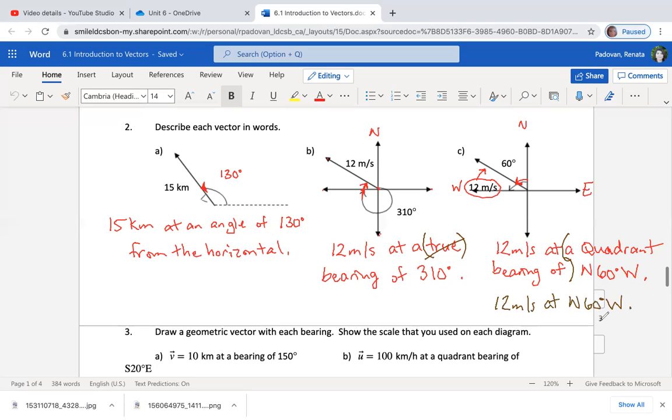And that would be enough for you to know that it was quadrant bearing because you've got the 2 compass directions there. And there's your magnitude. That's all you need. So this is just very simplistic. So again, to me, having the more information there is better, but if it gives it to you in this notation, make sure that you understand that would be quadrant bearing. And that's still all you would need to write. Okay, so moving on to number 3.